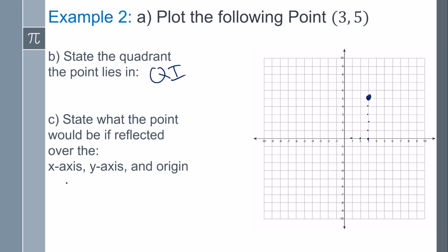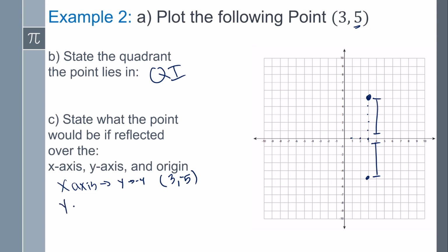If I wanted to find the reflection about the x-axis, remember that means you have to switch your y with a negative y. So if my y value is 5, switching it with a negative, I get (3, -5). That would be here, because this distance has to be the same as this distance.